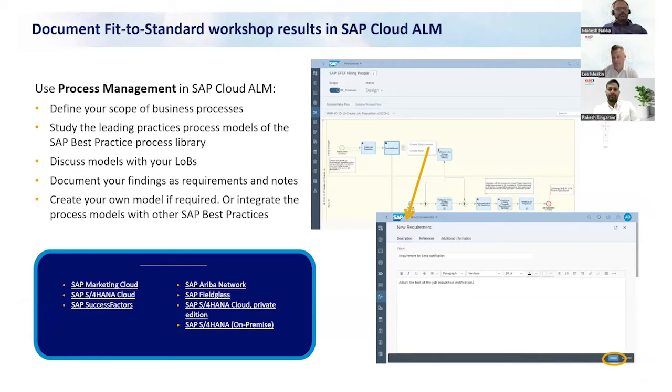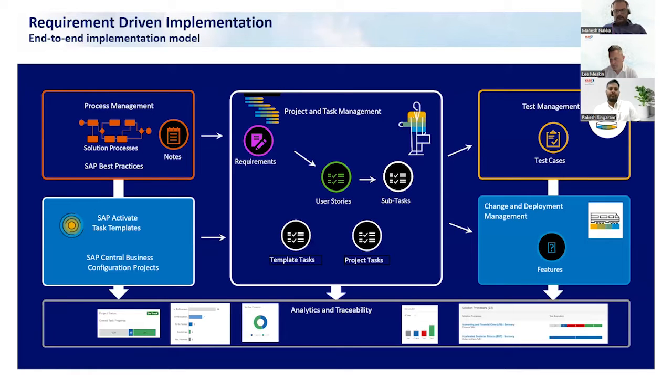Moving on to the fit to standard workshops, I think I have discussed this. You can just run through this tool, and if you find any process gap, you can log those process gaps within the tool itself. And in terms of the requirements management, the process management, requirement management, test management, and of course the task management are tightly integrated with each other.